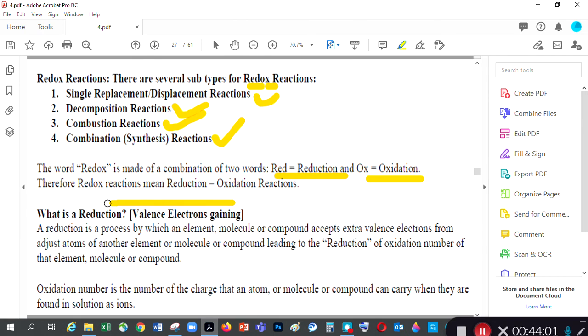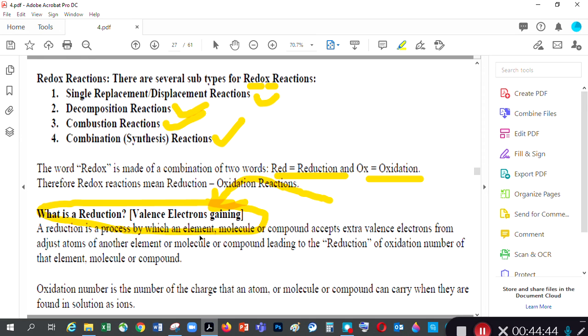What do we mean by redox reaction? Redox means you are reducing the oxidation number. Oxidation number is the charge carried by the ion during the reaction. If you reduce the charge of the ion, you talk about reduction. How can you reduce it? This ion has to gain valence electrons from an adjacent atom, correct? So reduction means you gain valence electrons, and therefore the oxidation number, which is the charge carried by the ion, will be reduced.